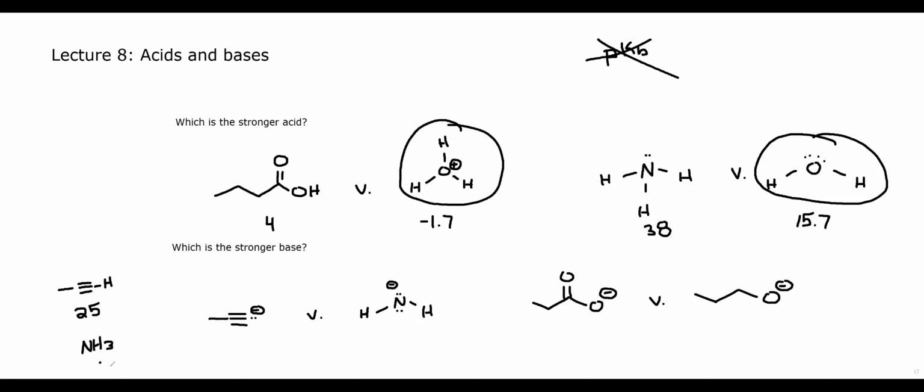NH3 pKa is 38. So our stronger acid is the triple bond, which means the triple bond is a weaker base. Remember, there's an inverse relationship between the two. So NH3 is a weaker acid, which means that as a base, NH2 minus is a stronger base. Remember, weak acids are strong bases, and strong bases are weak acids.